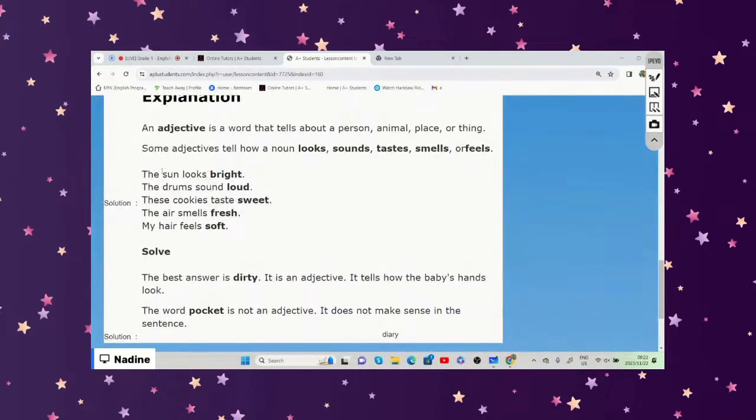Ooh, so in this case, they're saying that the baby's hands are dirty, which means that maybe the baby was eating something or messy. But it is dirty. Or it can be clean, or it can be small, or it can be soft. That is how we basically describe the baby's hands.